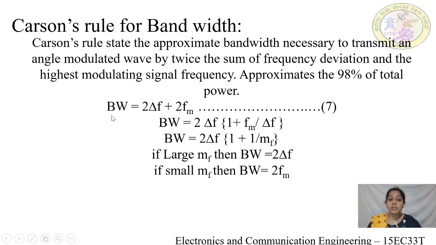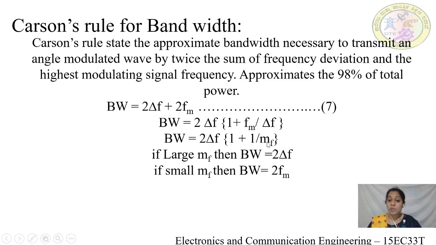So according to Carson's rule, bandwidth is not infinite. Bandwidth is equal to 2 times delta f, where delta f is the frequency deviation, plus 2 times fm, that is the highest modulating signal frequency. Now if we take delta f common, we have 1 plus fm by delta f.